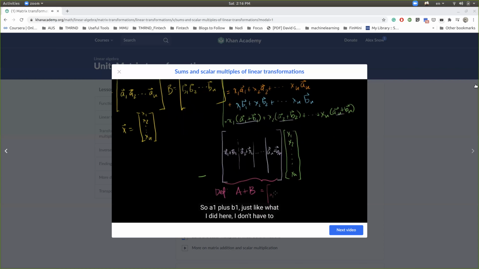So A1 plus B1, just like what I did here, I don't have to rewrite it, all the way up to An plus Bn as the last column. And you've seen this before in your Algebra 2 class, but I wanted to do it here because this shows you the motivation for it.